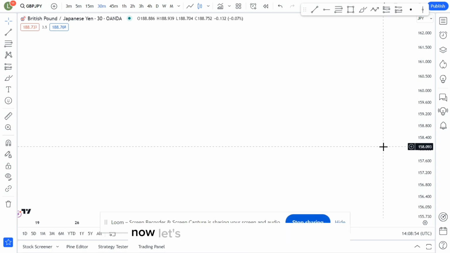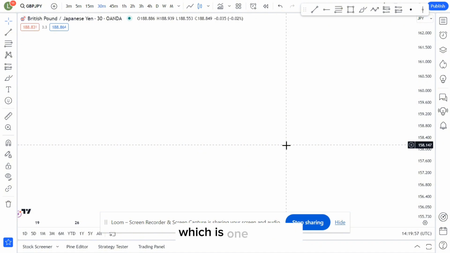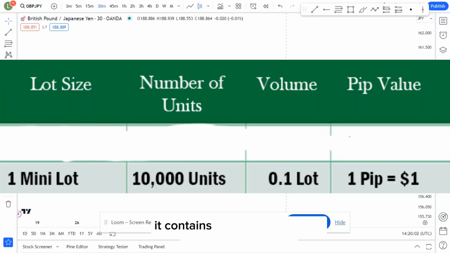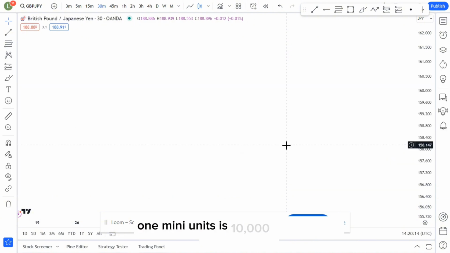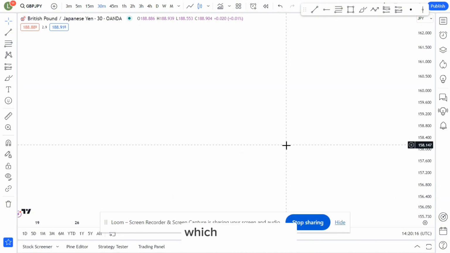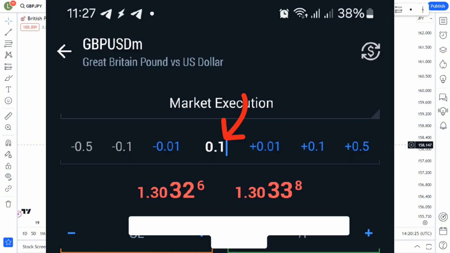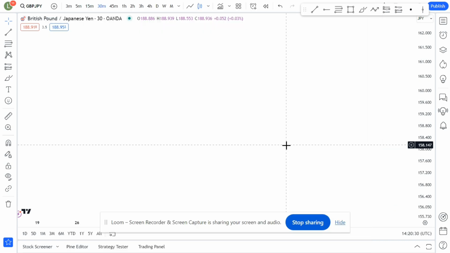Okay, now let's move over to the second one, which is the mini lot. It contains 10,000 units and is represented by 0.10. One mini lot is 10,000 units of any currency pair, and each pip is equal to $1. The symbol is 0.1 on your trade execution platform like MT4 and MT5.